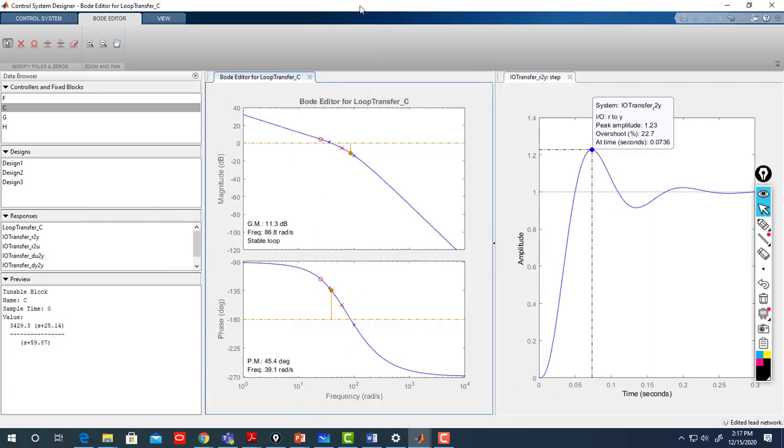So this is what I get with this compensator that I calculated by hand. I obtained this response, which had an overshoot of 22 point something and a peak time of 0.07. So I can consider it as acceptable and keep it this way. It's alright.